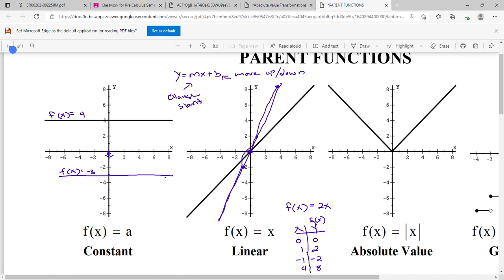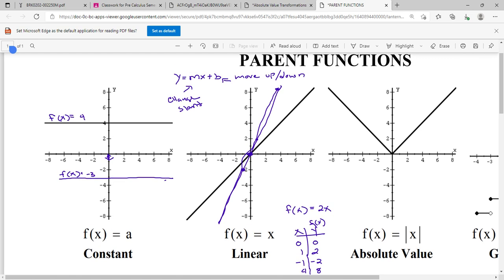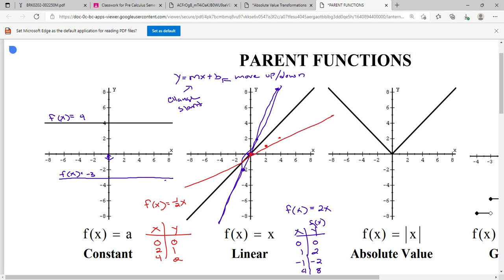So if we said f of x equals 1/2 x, right, we could have 0, and that would be 0, so still in the center. 2, half of 2 would be 1, so if x was 2, we would have 1, that'd be right there. 4, half of 4 is 2, that would be right there. See how that would make one that was less steep, right?